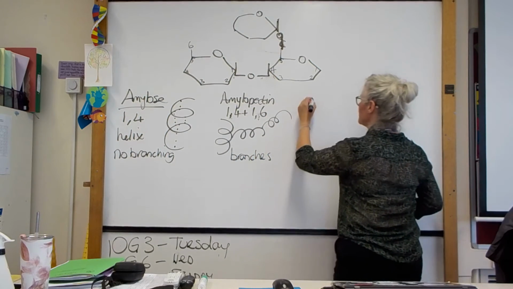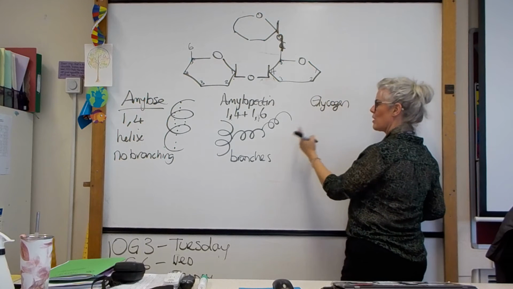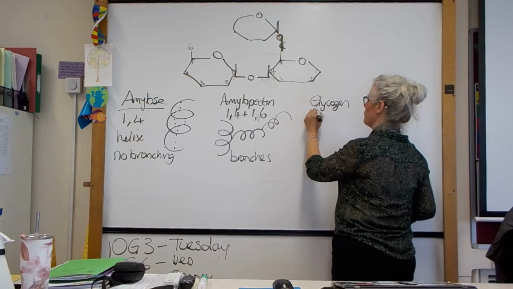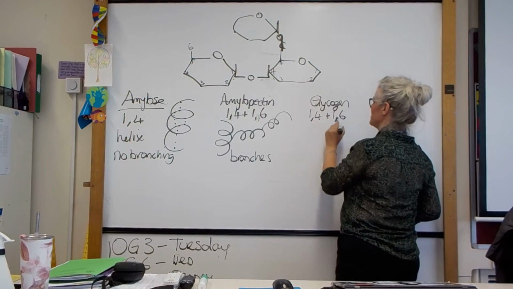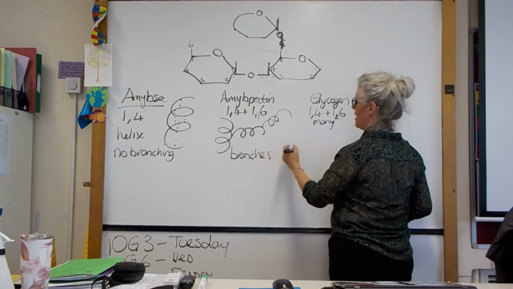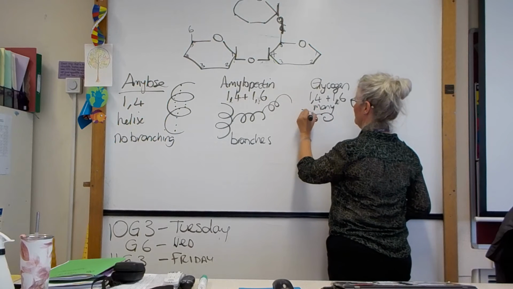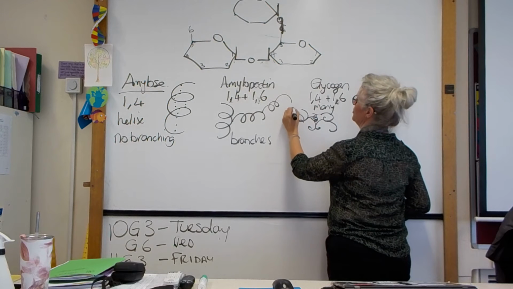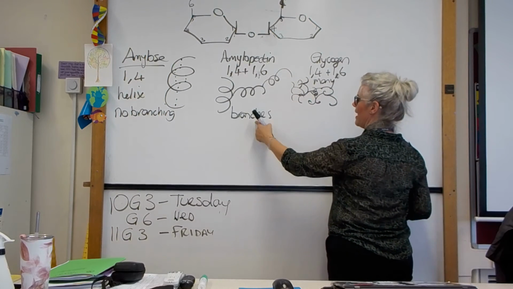Now, glycogen is similar to amylopectin. It's alpha glucose. You have 1,4 and 1,6, but you have many more 1,6 bonds than you have there. So you get branches.